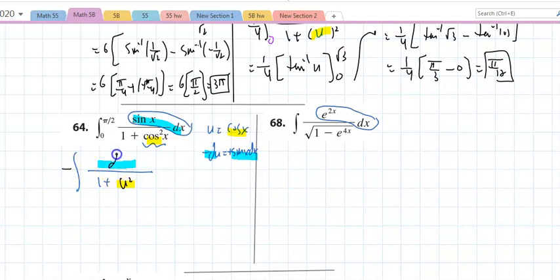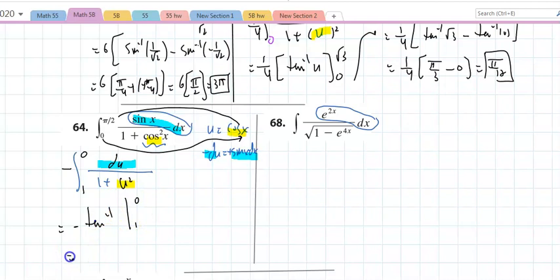I could take the negative up front. I'm going to change the limits on the integral. If I put a 0 in, cosine of 0 is 1. If I put pi over 2 in, that's a 0. So this is negative inverse tangent evaluated from 1 to 0. That's negative inverse tangent of 0 minus inverse tangent of 1.